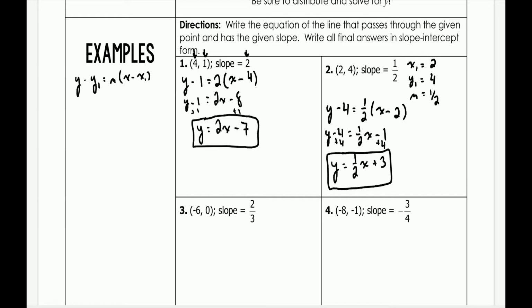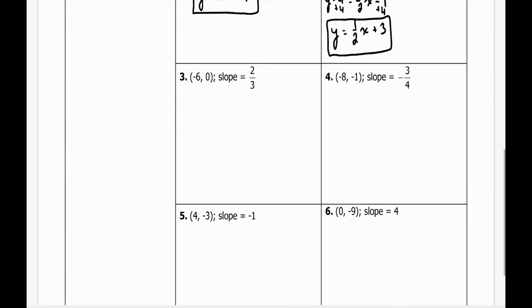Okay, let's move on to number 3. Number 3, we have the point -6, 0, and the slope is 2/3. So again, let's go ahead and say what x1, y1, and m would be equal to. x1 is -6, y1 is 0, m is equal to 2/3. Use the formula. We have y minus y1 is equal to m times x minus x1.